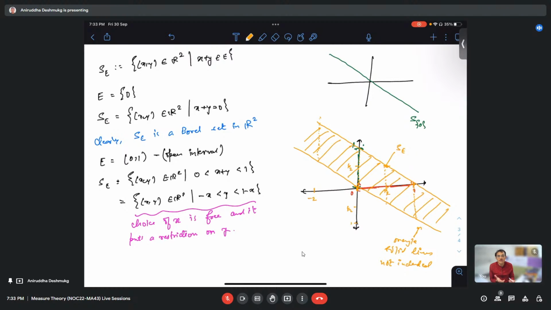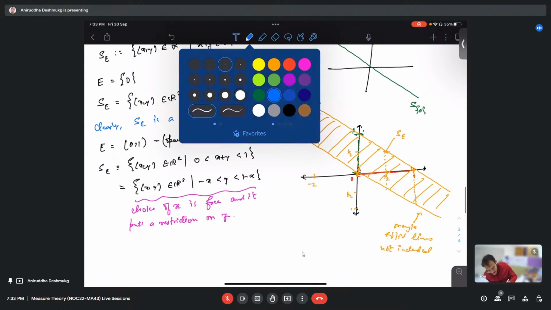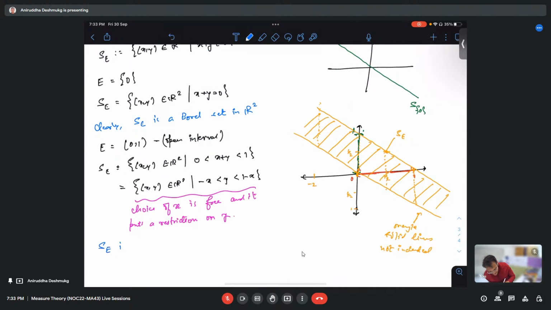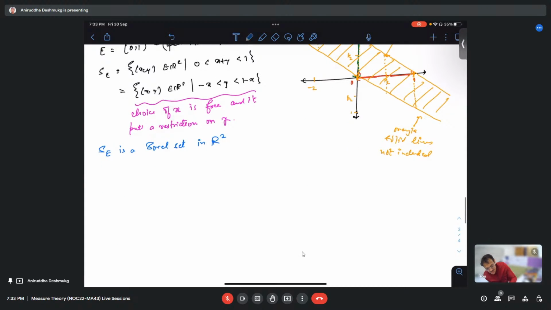Therefore, again, it is in the Borel sigma algebra of R2. Again, SE is a Borel set. And we have seen that in general, the sigma algebra generated by a collection cross another collection is contained in the smallest sigma algebra of the product.